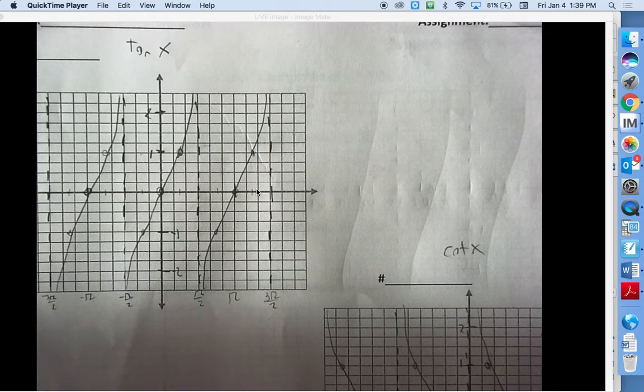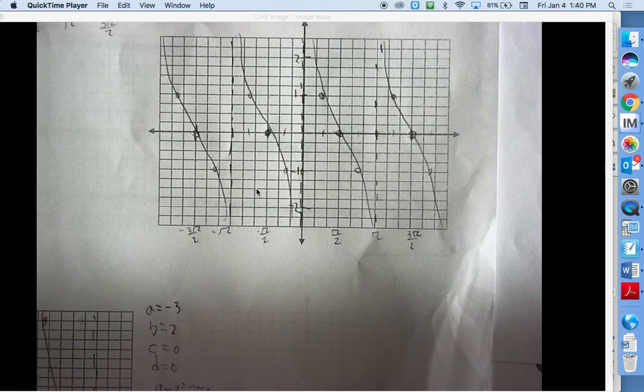When we look at a phase shift, we're looking at the x-intercept and where it's located, because that tells us how far it's shifting from 0. That's what a phase shift is: if it starts at 0, how far are you shifting left and right? So with tangent, it's an increasing graph, and we look at the x-intercept for our phase shift.